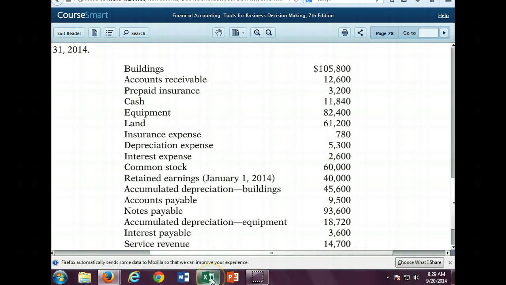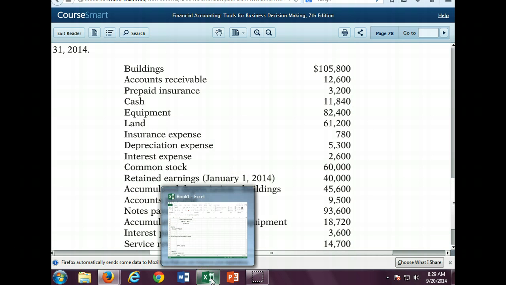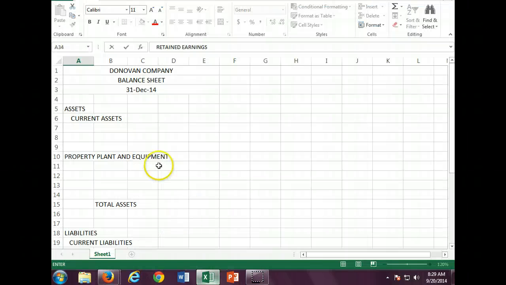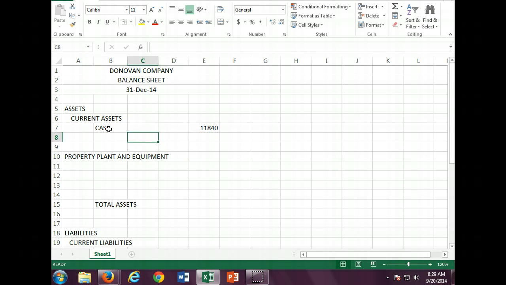So let's start with those, okay? The first we've got is cash of $11,840, and you guys just help me remember the numbers. And we've got accounts receivable, 12,600. And then we've got prepaid insurance, $3,200.